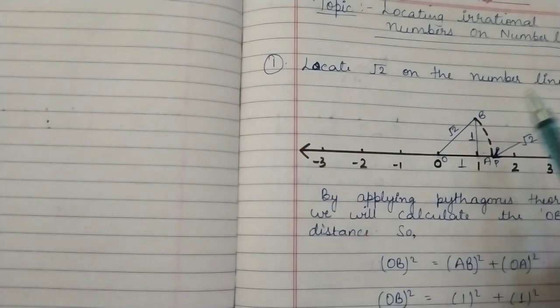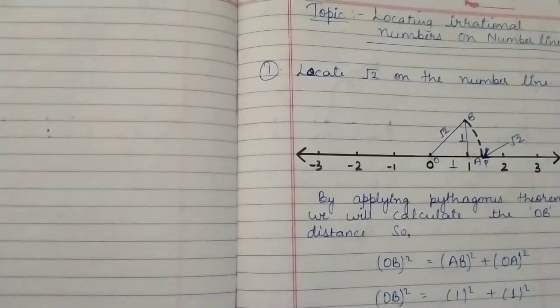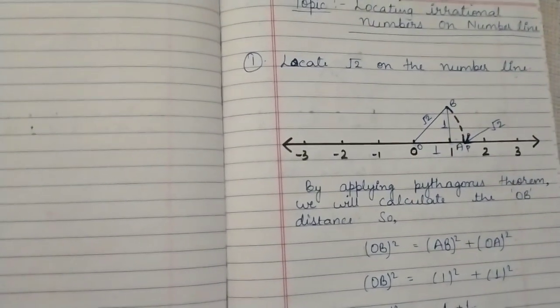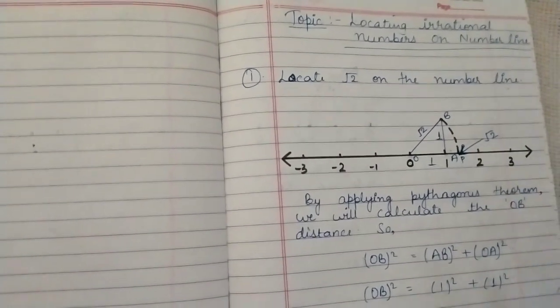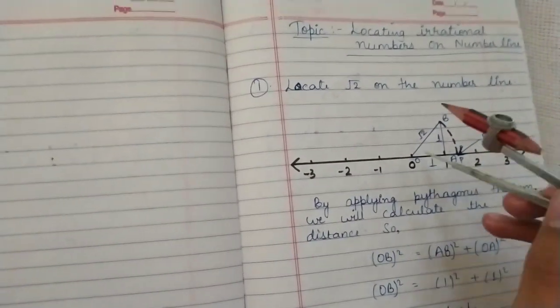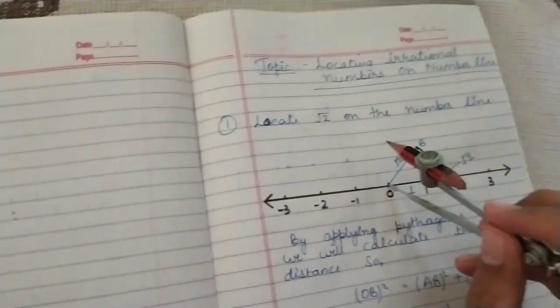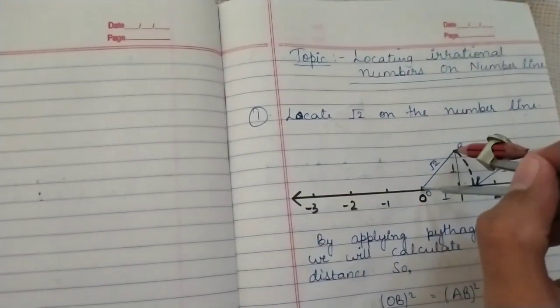Now the question arises: how can we locate this root 2 on the number line? It is very easy. You have to take this compass, and with O as a center, and the radius equal to root 2.